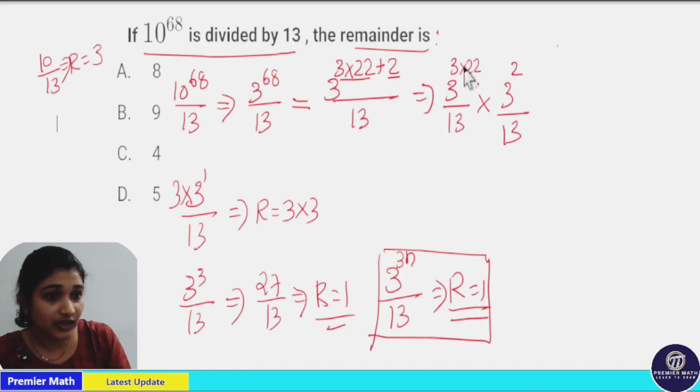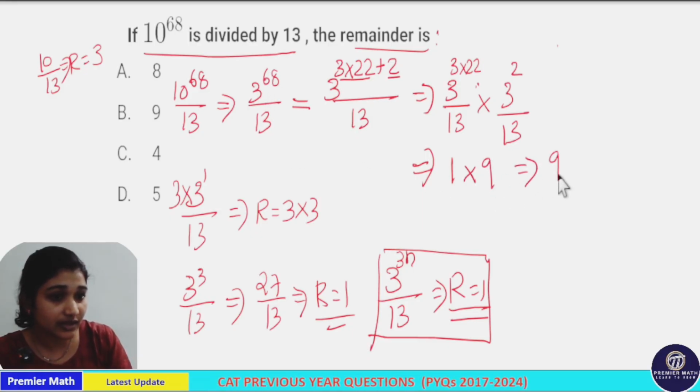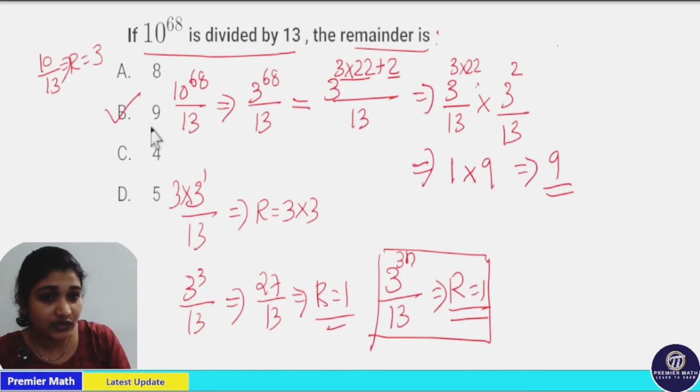This is in the form of a raised to m into a raised to n is equal to a raised to m plus n. m is 66 and n is 2. Now remainder of 3 raised to 66 by 13 is 1 and remainder of 9 by 13 is 9, which means remainder of 3 raised to 68 by 13 is 9. Option B is your answer.